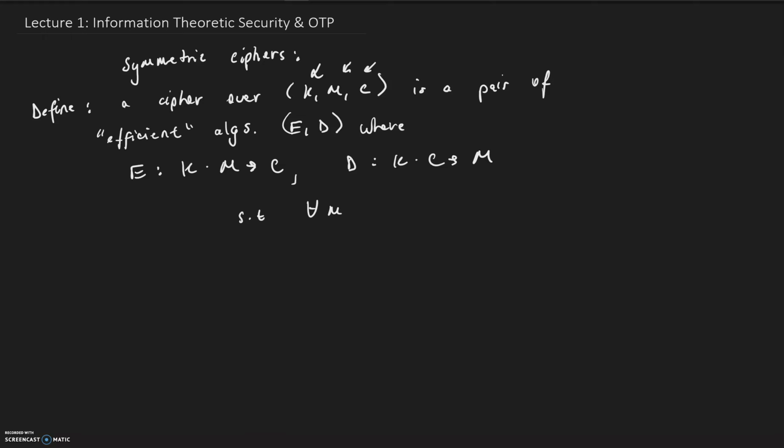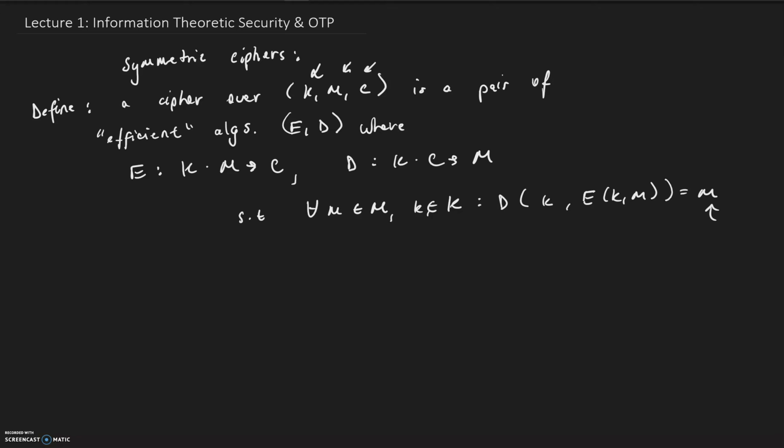for every message in the message space, and for every key in the key space, it had better be the case that if we encrypt the message with the key K, and then we decrypt using the same key K, then we get back the original message that we started with.